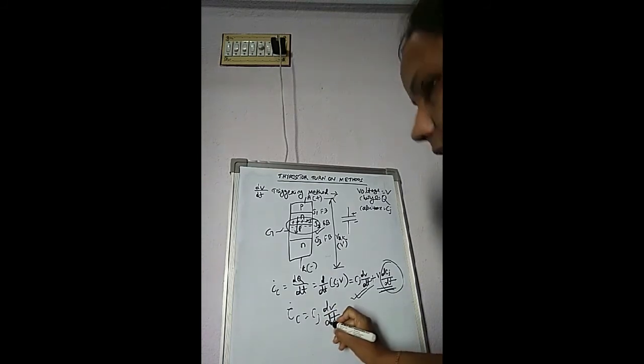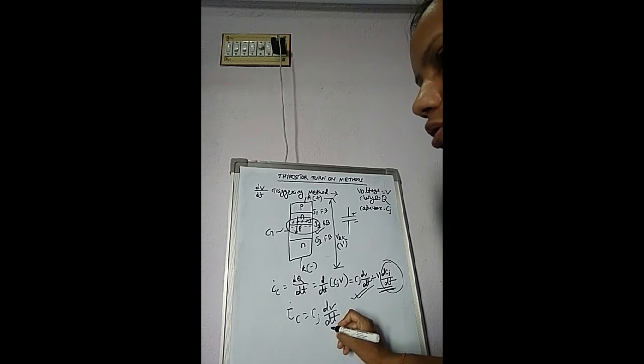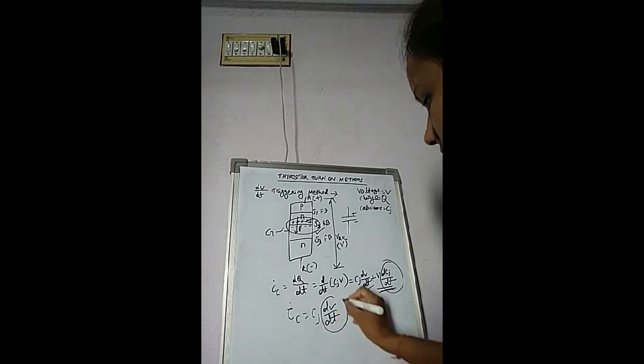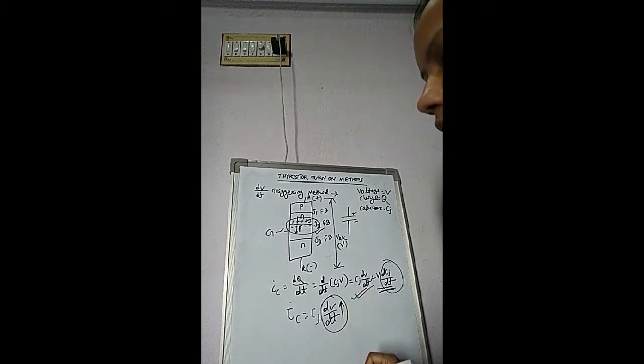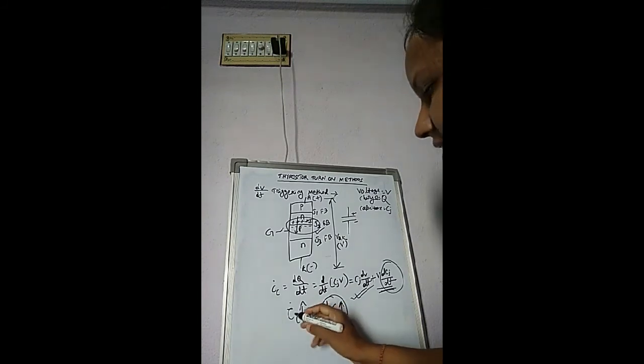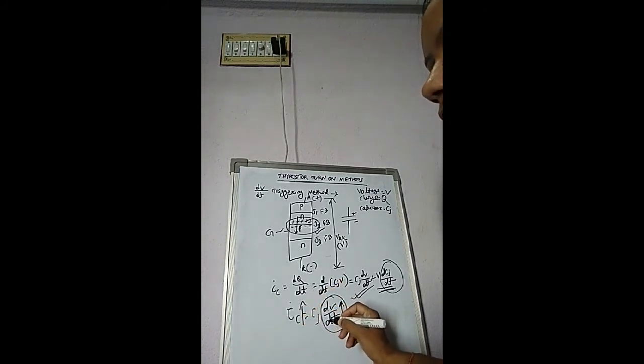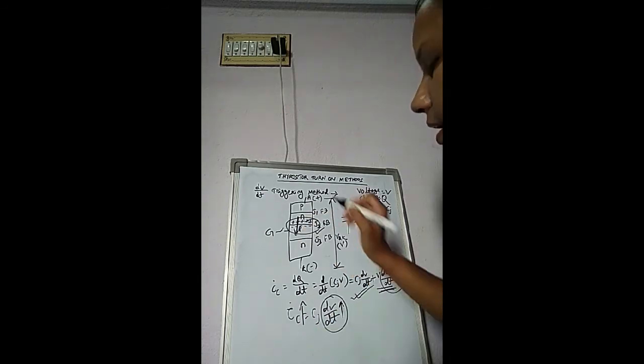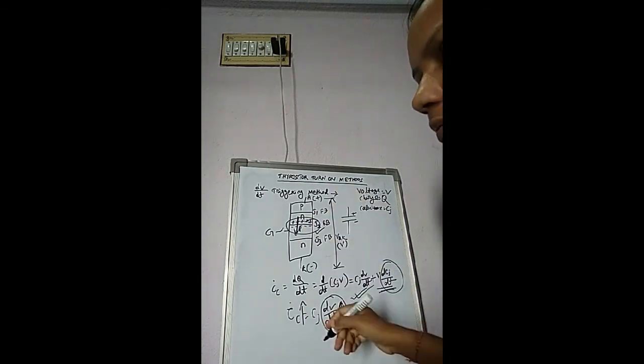If the rate of change of voltage across the device is large, then IC also increases, and once IC increases, charging current flows through the device.